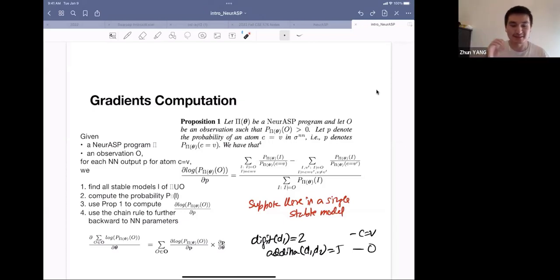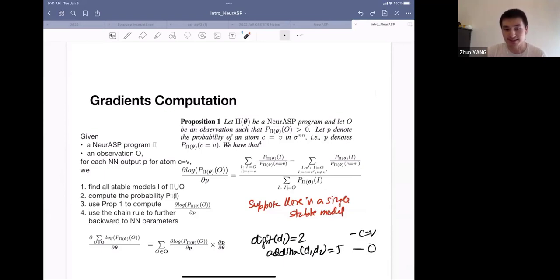I'm still not quite sure, but maybe I can make it clear here. This computation is all done not in the neural network, but in Python. What I did is I first compute all the stable models I such that I satisfy all the constraints. Then I split all the stable models into two parts, which are the two terms in the numerator, left and right.